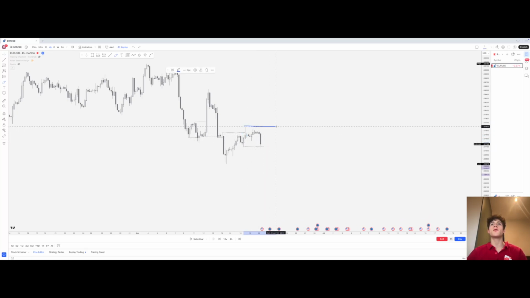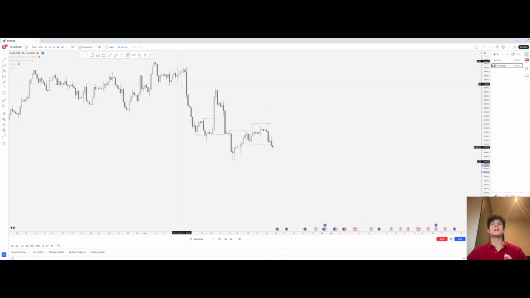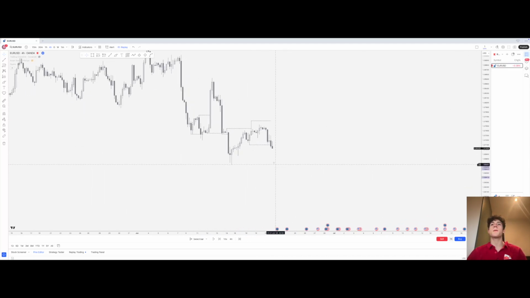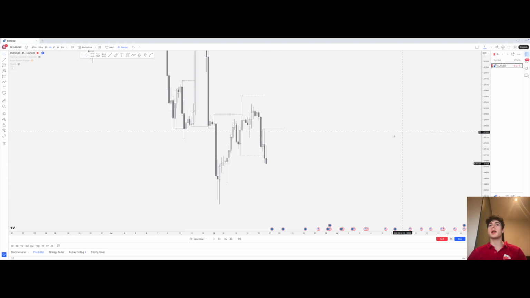We just wait for the fractal high and the fractal low to get broken, which happens over here. And now you can see, okay, this now becomes our fractal high, because in this move we had a pullback. Okay, so this becomes our fractal high, right?